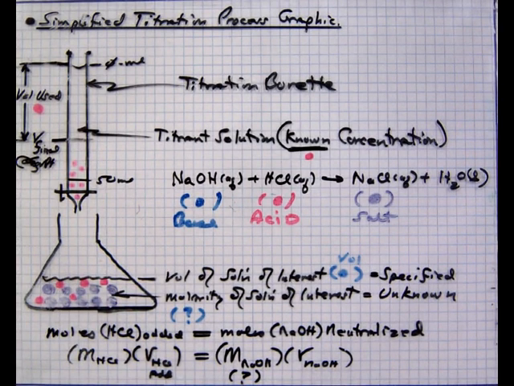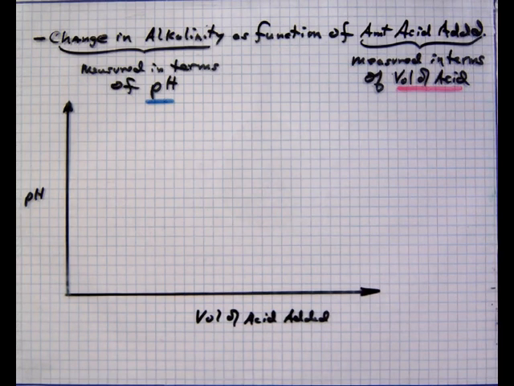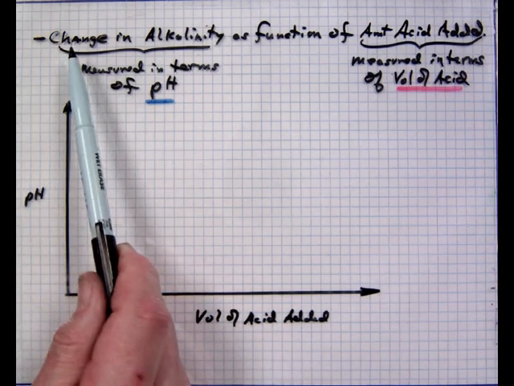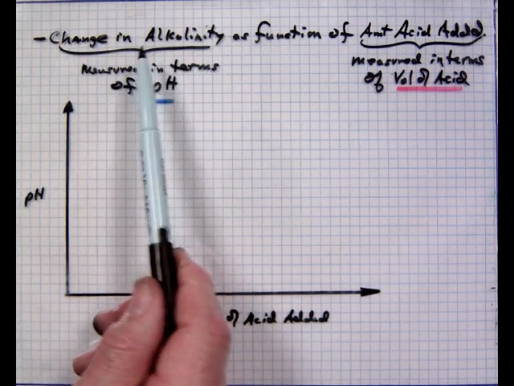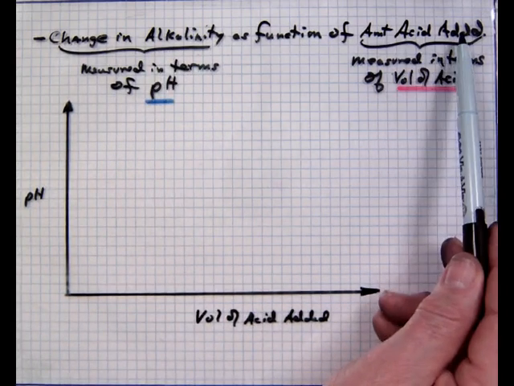Now, if a pH electrode is inserted into the base solution, then you can measure the change in pH as the acid is added. That is, you can measure the change in alkalinity of the solution you're titrating as a function of the amount of acid added.